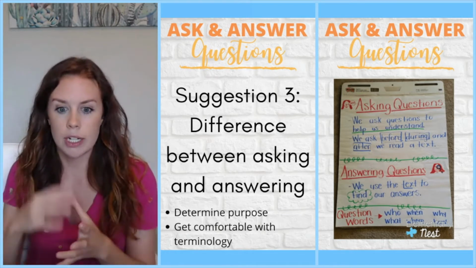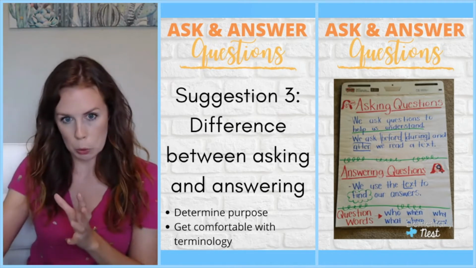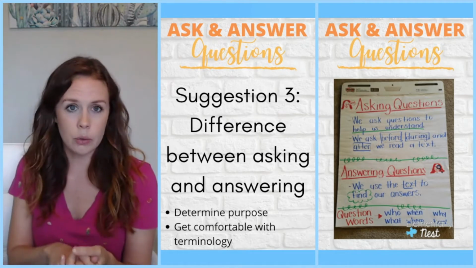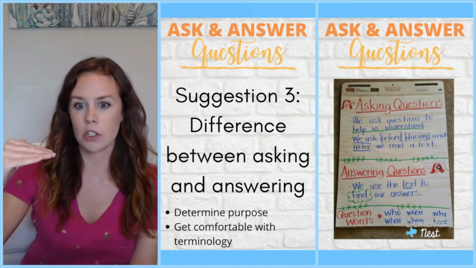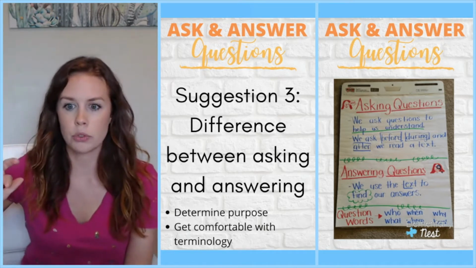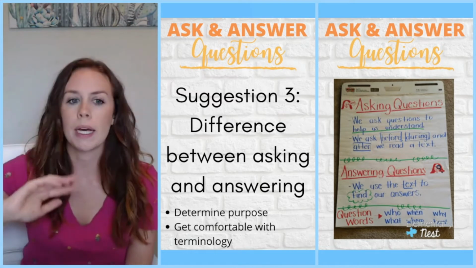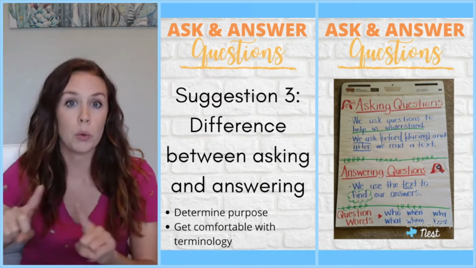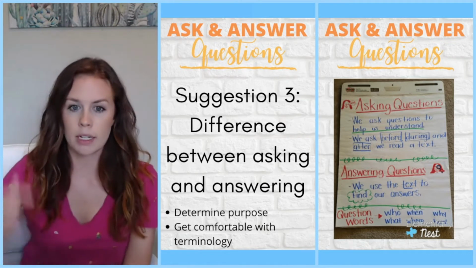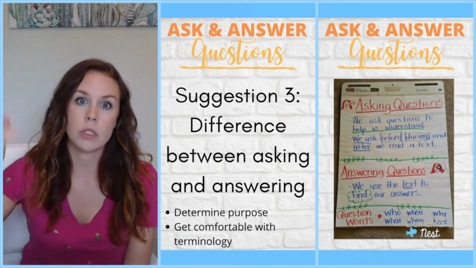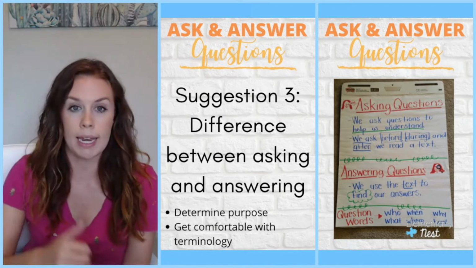But I do suggest, and it's coming up soon, that you start with answering questions, because it's going to be a lot easier. At the bottom of that anchor chart, you see the 5 W's and then the H. That's going to be important for both asking questions and answering questions. You're going to constantly be reminding the students that they need to be using the who, what, where, when, why, and how.